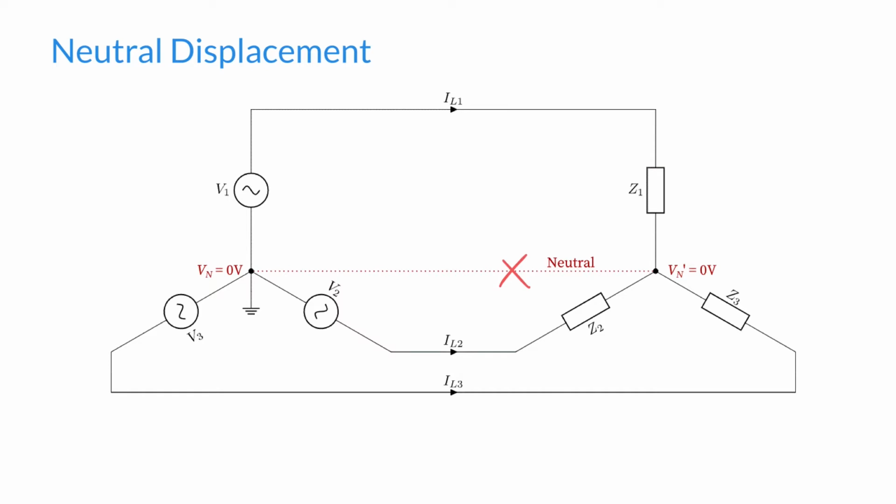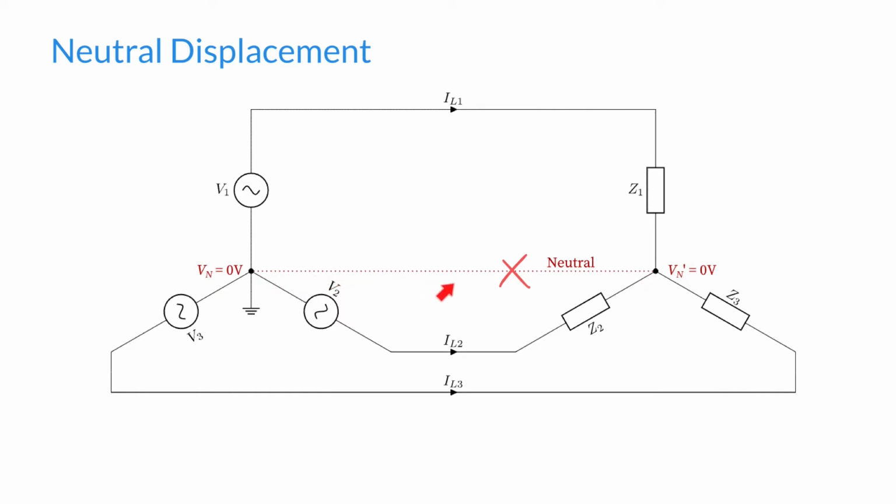What we can see here at the source is that our star point is grounded in this case. We have 0 volts at the star point. And assuming that this conductor is a perfect conductor, it doesn't have any impedance or resistance of its own, then by having this neutral connection in place, our star point at the load is also going to be at 0 volts because these are connected to one another.